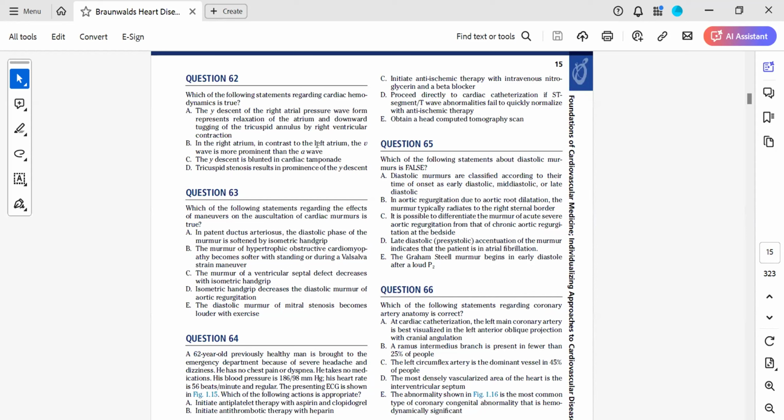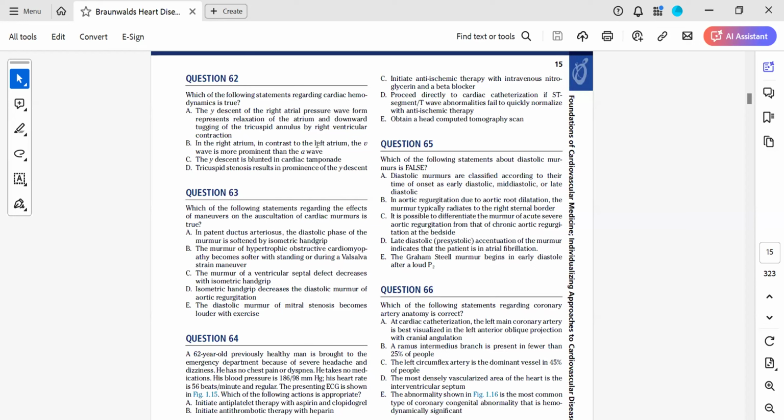And most times isometric hand grip increases regurgitant murmurs rather than decreasing them, so mitral regurgitation, aortic regurgitation. So with hand grip, it should increase.